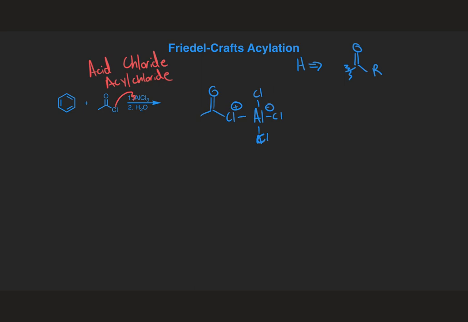The lone pair on oxygen can kick down and kick this chloride off, which is going to generate this oxonium intermediate and aluminum tetrachloride, which has a minus charge.